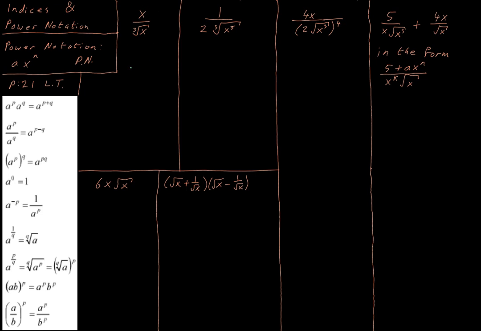Well, this x here is just x to the power of 1. So any number or letter left by itself is just to the power of 1. And the cube root here means to the power of a third. So we can see that rule down the middle of our page here. Root q of a means a to the power of 1 all over q.